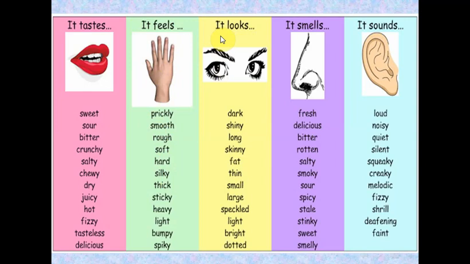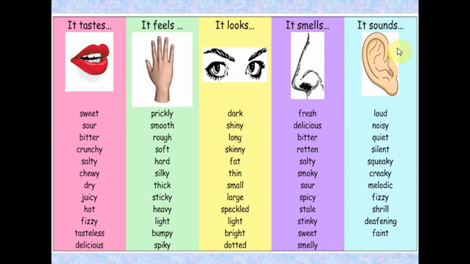If you're gonna describe how something looks like, then you can use these adjectives: dark, shiny, long, skinny, fat, thin, small. You know it all. If you want to describe how something smells like, you're gonna use the sense of smelling. You can use fresh, delicious, bitter, rotten. That's a bad smell. Salty, smoky, and so on.